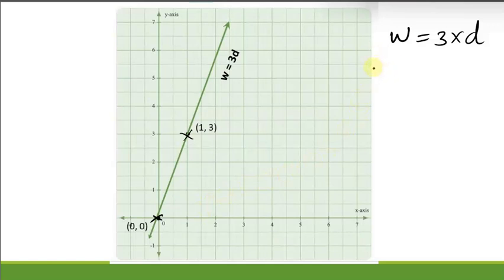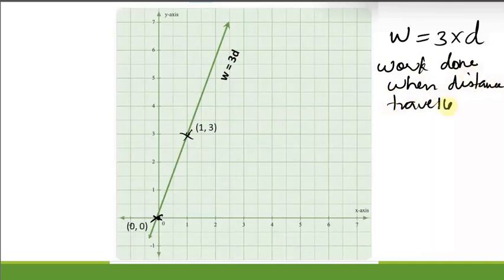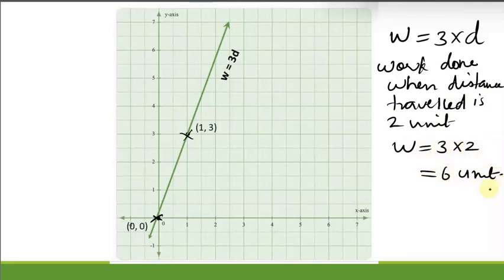So the work done when distance traveled is 2 unit is W is equal to 3 into 2 is equal to 6 unit.